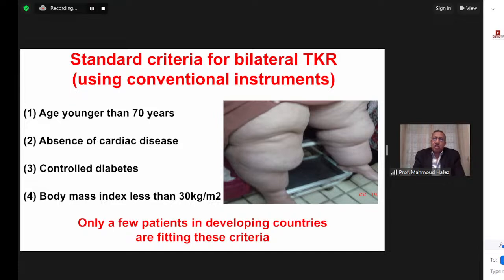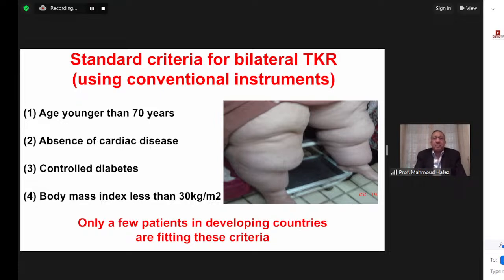And I assume that everyone listing these four criteria is addressing a primary, straightforward knee replacement, not a bilateral complex primary. When you talk about straightforward primary, yes, you can apply these criteria, but for complex bilateral, it is a different story.